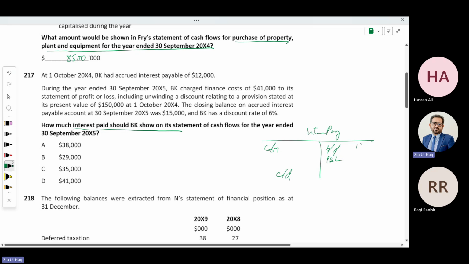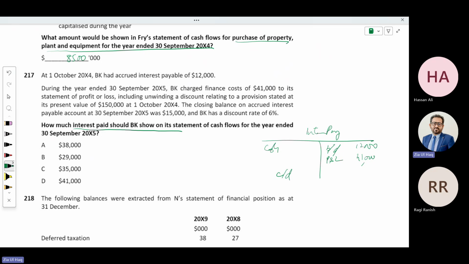Opening figure is what? 12,000. During the year ended 30th September, BK charged finance cost of 41,000 in the statement of profit or loss, including unwinding of a discount relating to provision stated at its present value of 150.